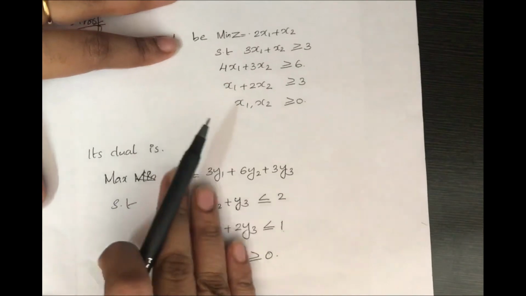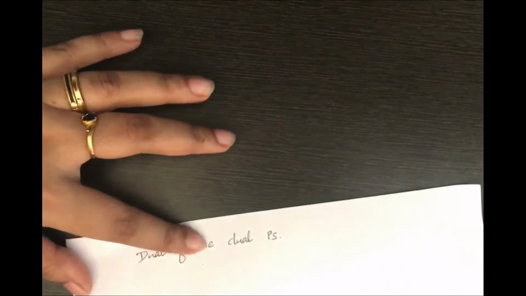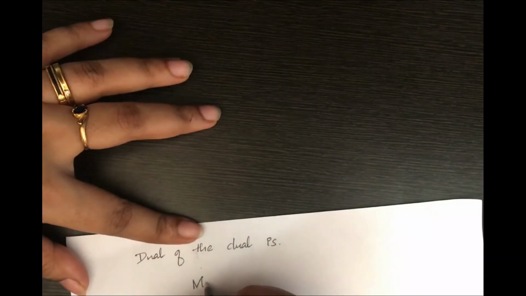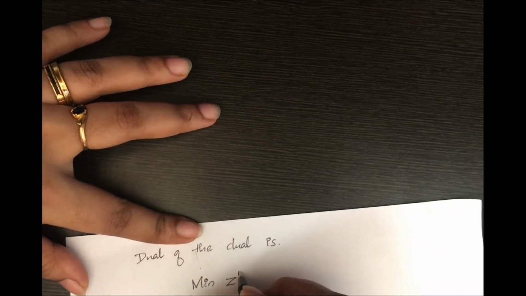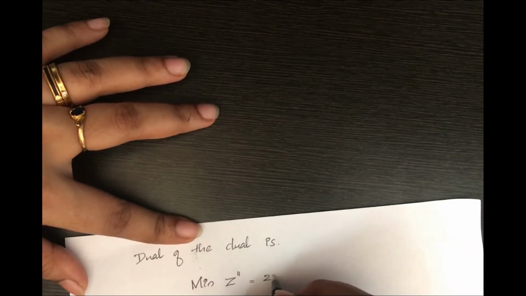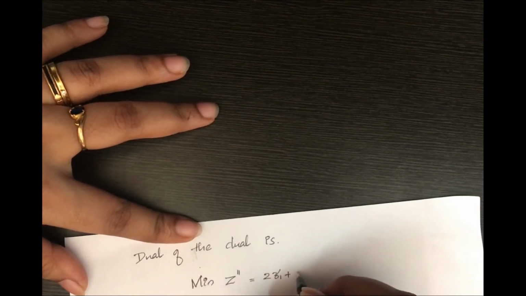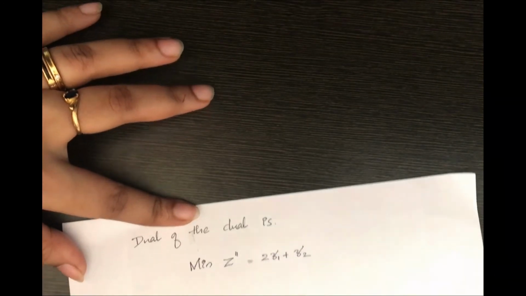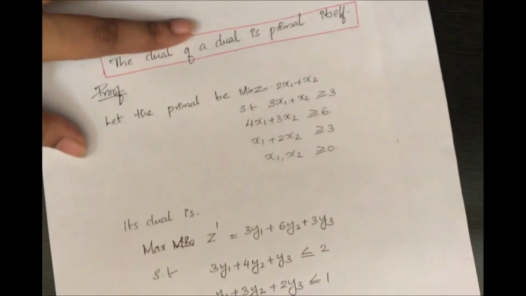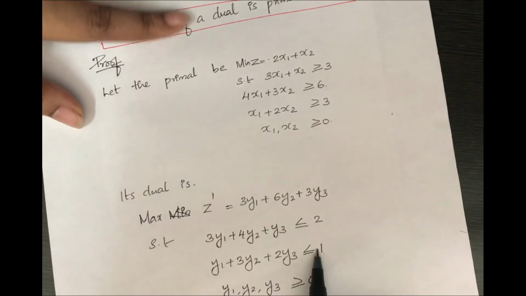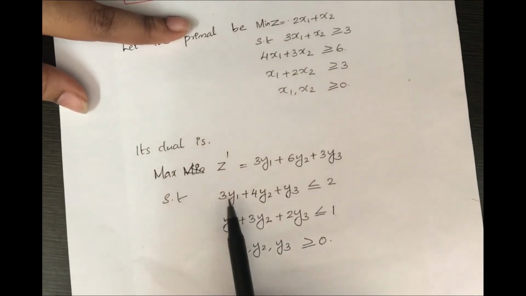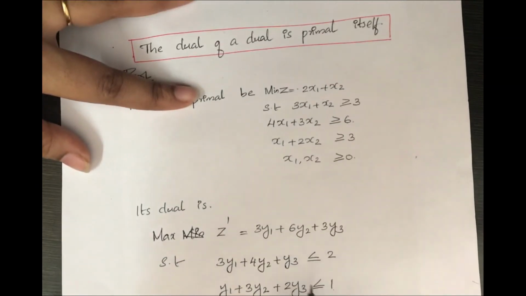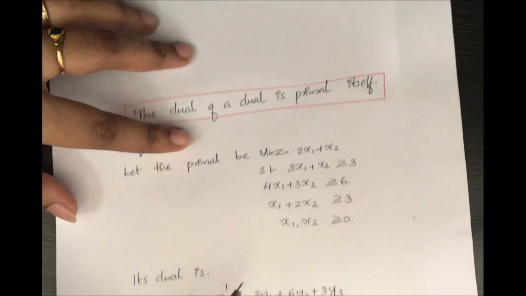Since it is maximization, next will be the minimization. Minimize Z2 dash equal to 2Z1 plus Z2 subject to 3Z1 plus Z2 greater than or equal to 3.